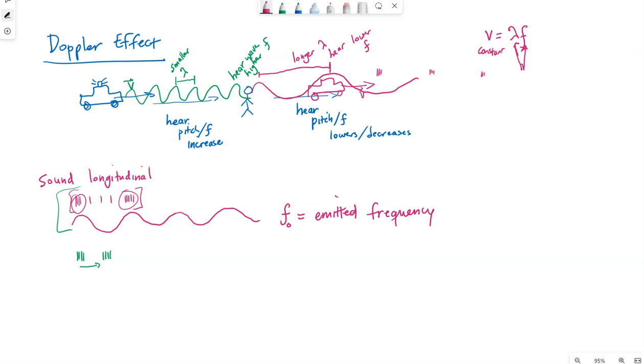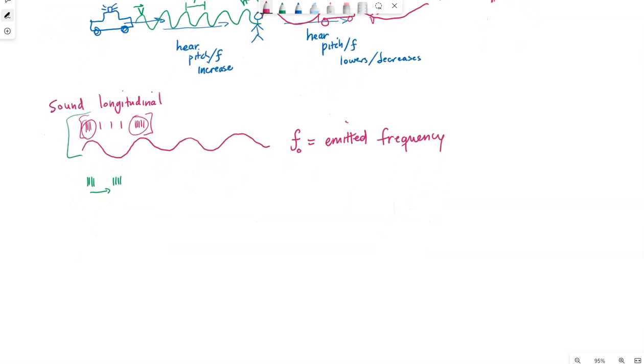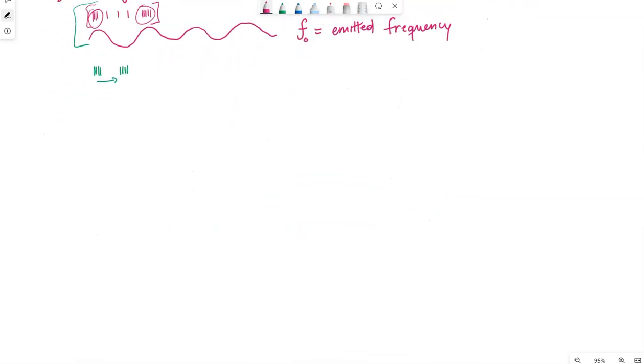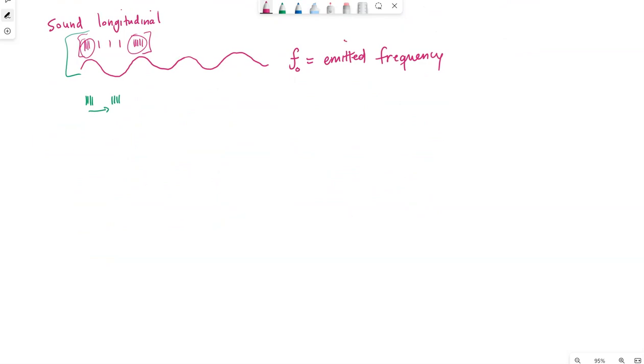When you look at the test notes, there's 3 different equations describing the Doppler effect. I actually like to use just the third one. This is specifically for sound. The equation looks like this. So f plus minus represents what we hear.